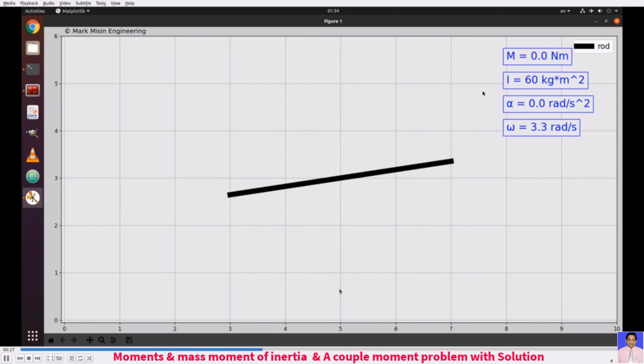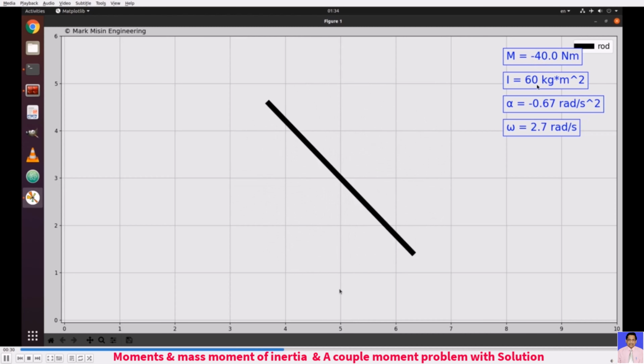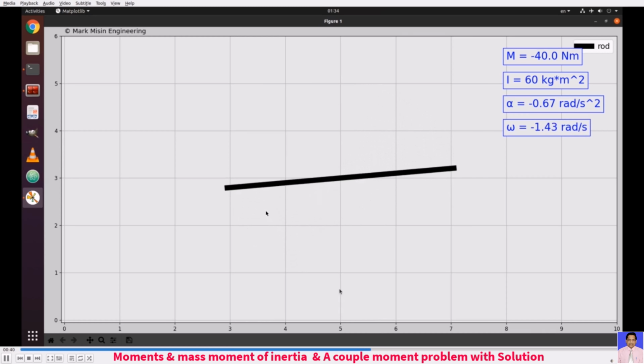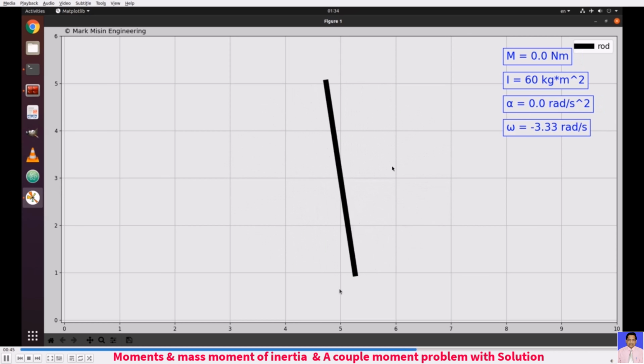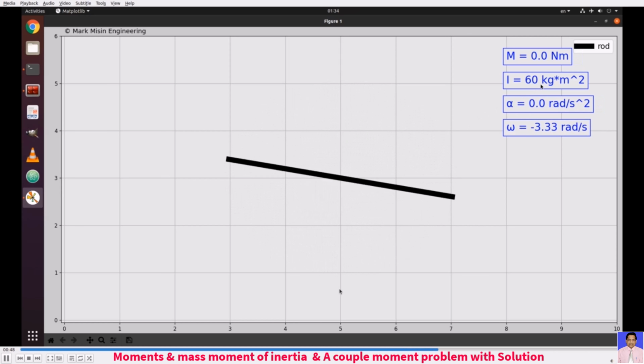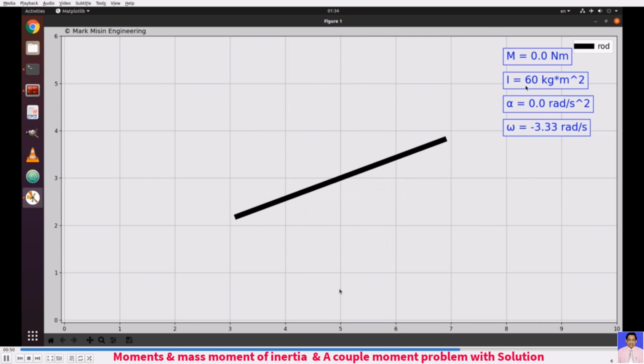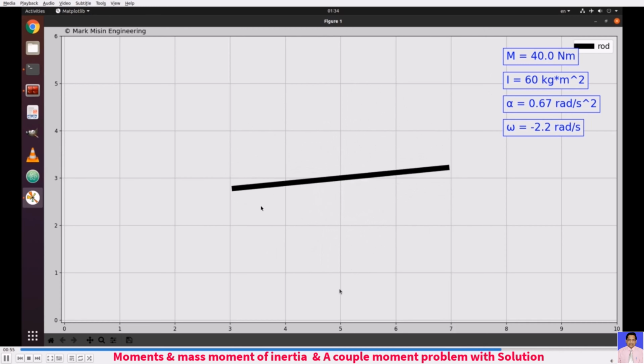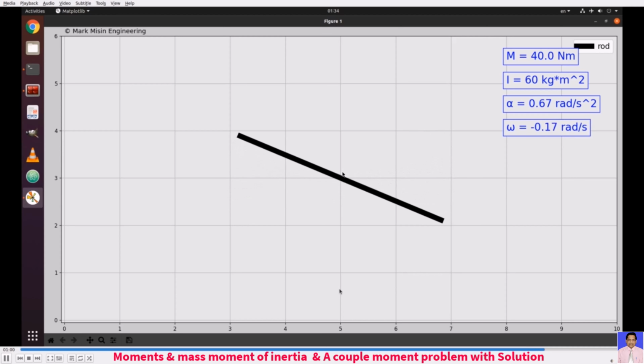And now when I apply a negative moment, then again, it's a lot more effort to make this rod rotationally stop and make it rotate in another direction. You can see that it's all a lot slower, and that's because your mass moment of inertia now is greater, but the moment that you're applying to this rod is still the same, and that's why it's just a lot harder to rotate this rod.